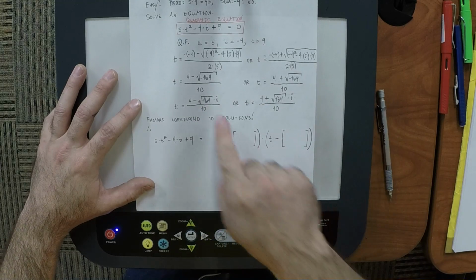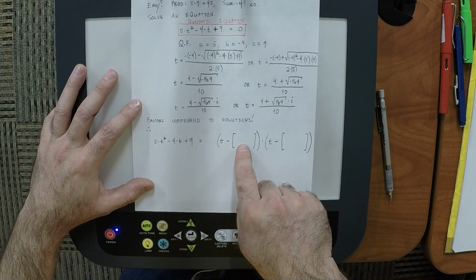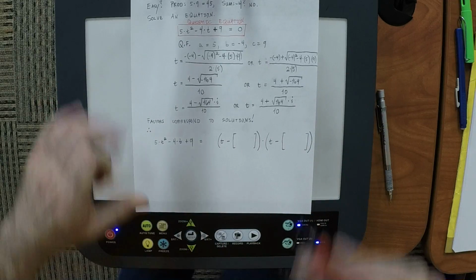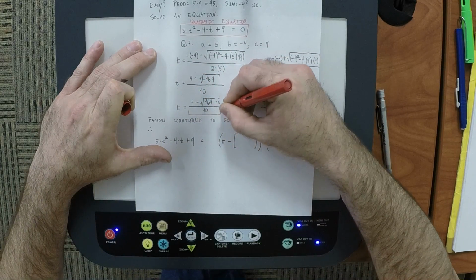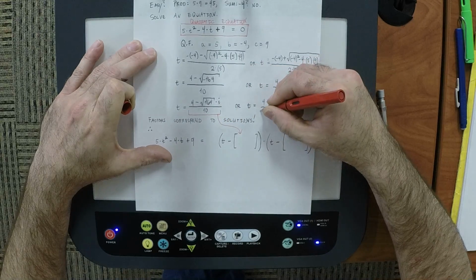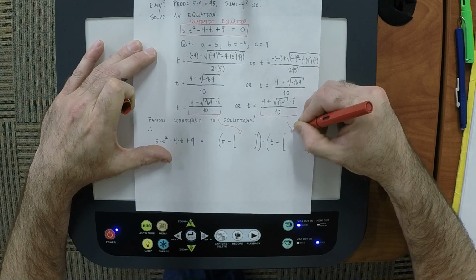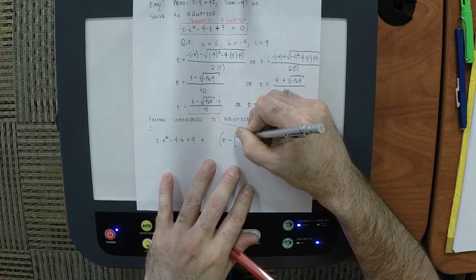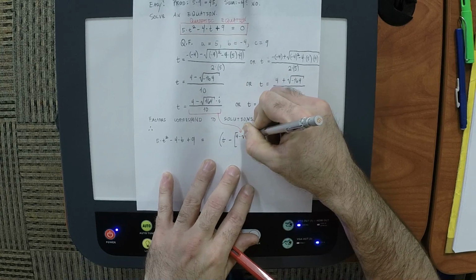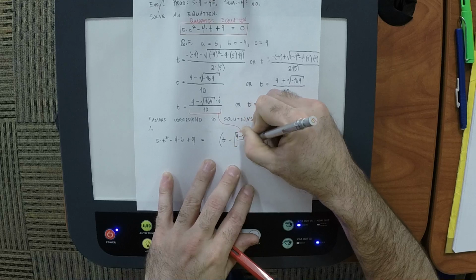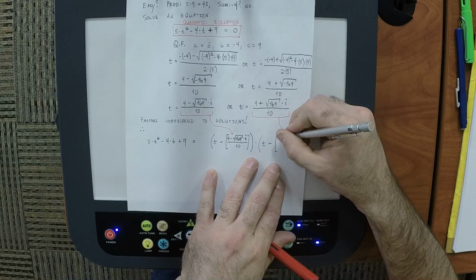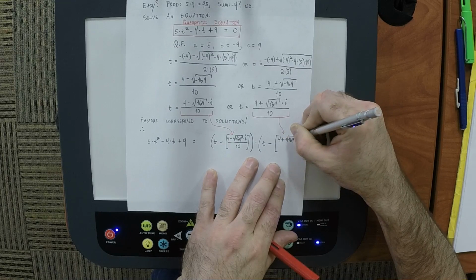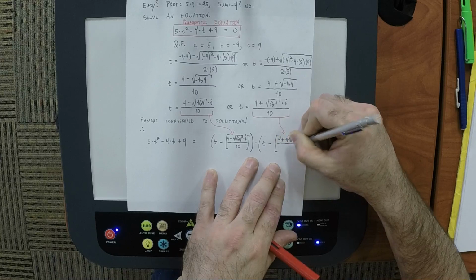So it's t minus one solution multiplied by t minus the other solution. Those go in there: 4 minus the square root of 164 multiplied by i, over 10, and 4 plus the square root of 164 multiplied by i, over 10.